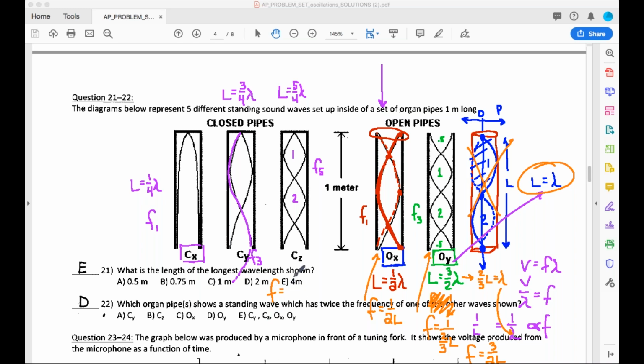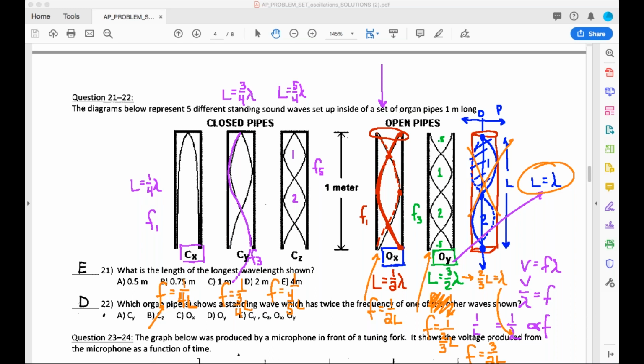And in this case, it's 1 over 4/5 L. This one is frequency is equal to 1 over 3/4 L. And then finally, I get frequency is equal to 1 over 4L. So we can see in this case that C subscript X, the frequency is 1 over 4L.